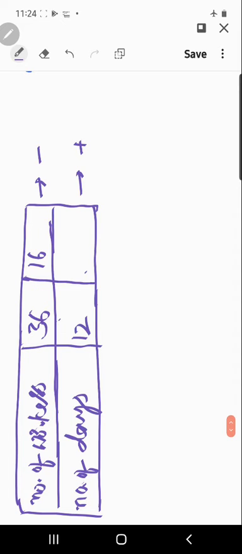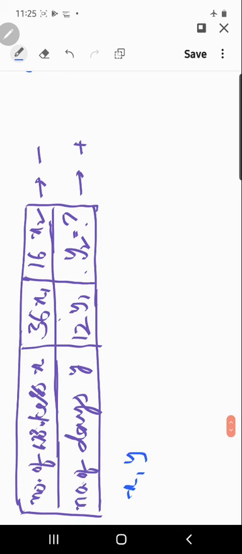Now if I take the number of workers as variable x and the number of days as variable y, the first one, 36, is x1, here is x2, this is y1, and here it is y2. Again we have to find the y2 value. These two are in inverse proportion, so write the inverse proportion formula: x1 y1 is equal to x2 y2. Now substitute the values.